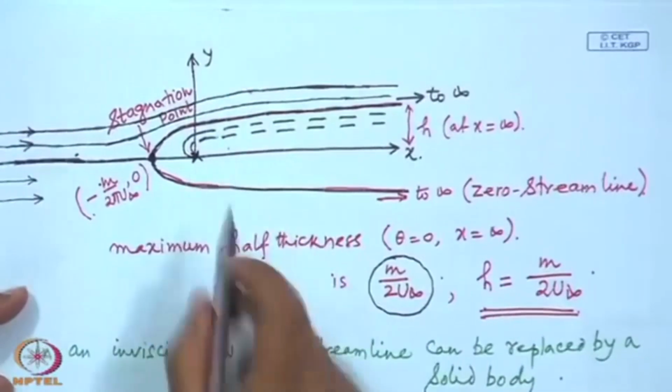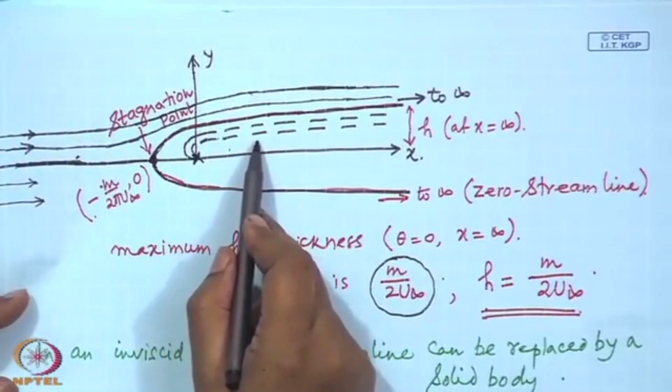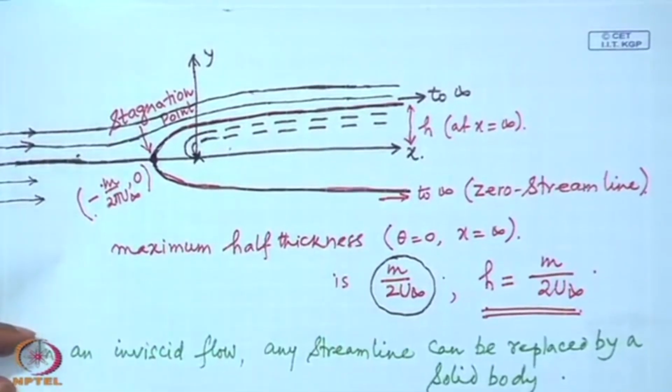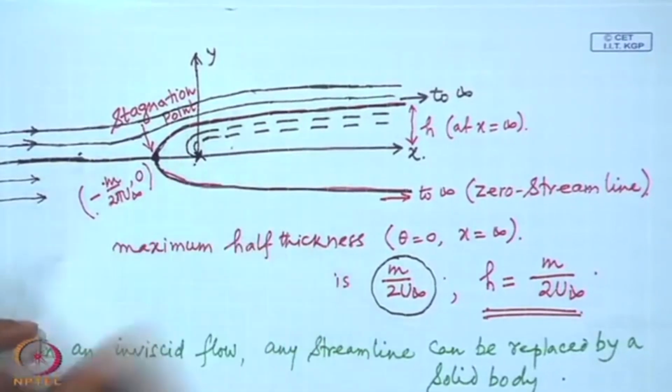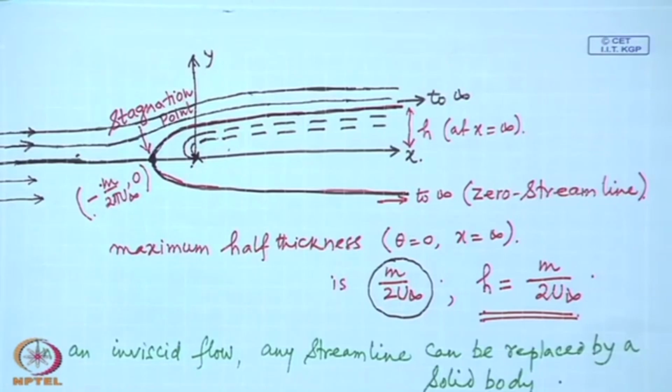These dotted streamlines that I have shown here now become streamlines within the body and have no significance. This source is also now inside the body, it is not in the flow. So, it is not creating any rate of expansion anywhere within the flow, it now does not exist. Only what we have is a uniform flow and a semi infinite fairing immersed in it, or in other words we have solved the flow over a semi infinite fairing.